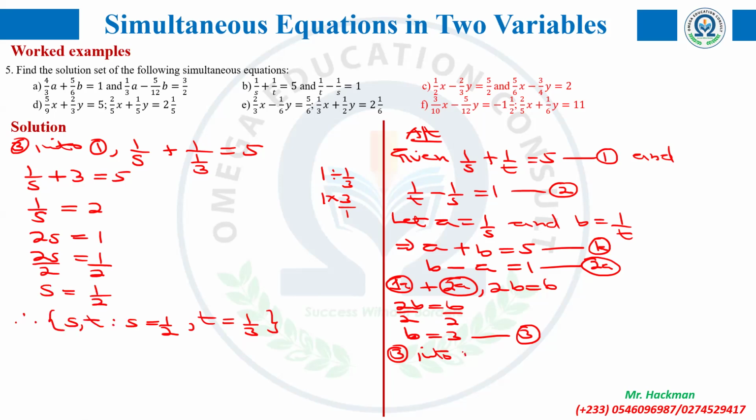So equation 1a: a plus 3 is equal to 5. So a will be equal to 5 minus 3, which is equal to 2.